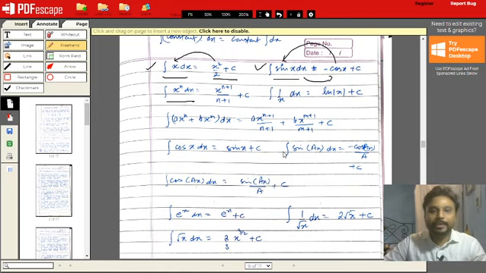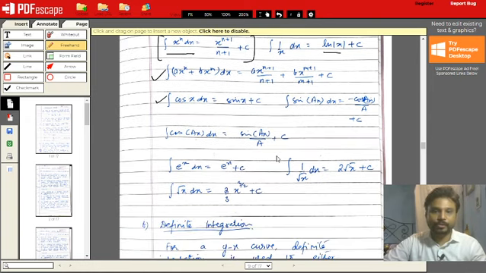Integration of x to the power n is x to the power n plus 1 upon n plus 1, plus some c. This would be a new expression. Differentiation of ln x was 1 upon x, so integration of 1 upon x would be ln x. And these are the further expressions which would be used further.